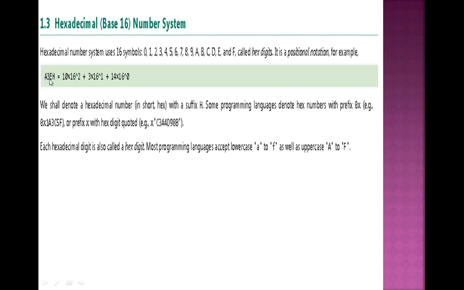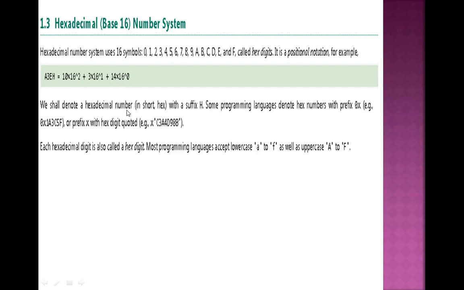This is your suffix, A3E. E has a value 14, so 14 into 16 power 0, plus 16 power 1 into 3, then 16 power 2 into A. A has a value 10.